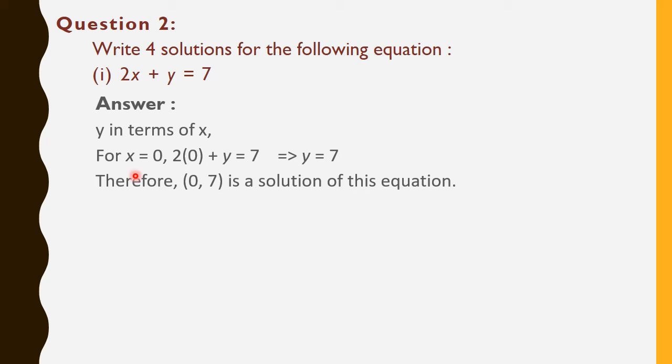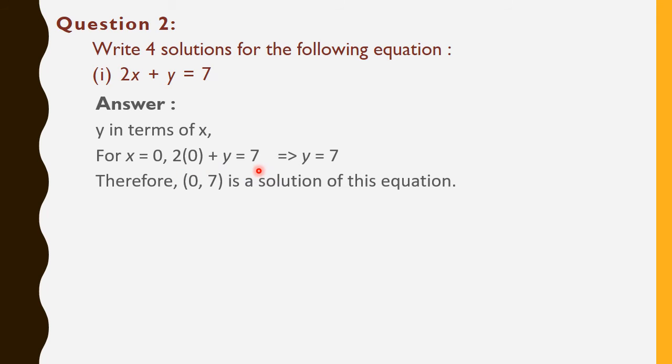Now, let us take the value of x as 0. We can take any integer or any decimal. It can be positive or negative. If we substitute the value of x as 0 in this case, we get 2 into 0 plus y equals 7.